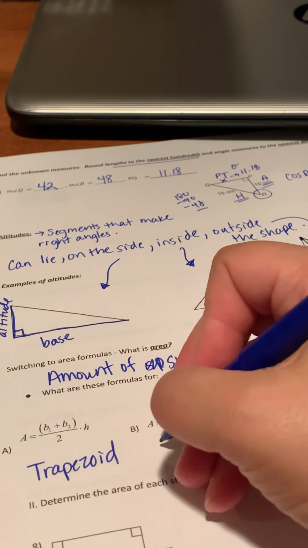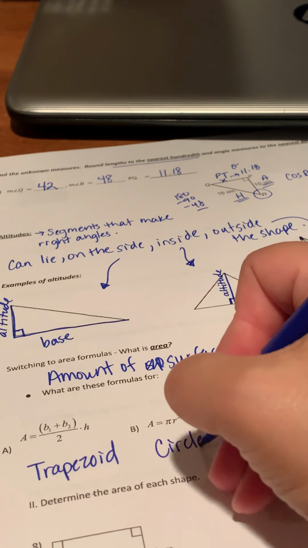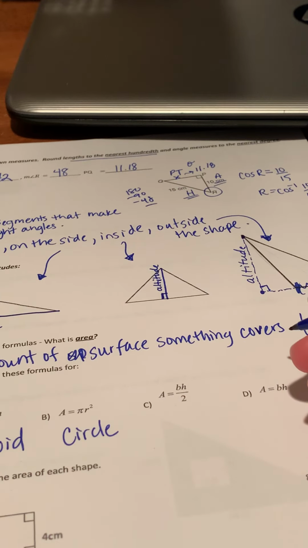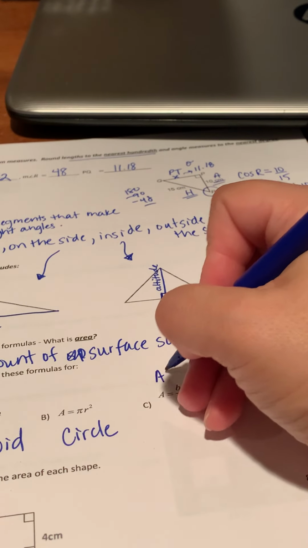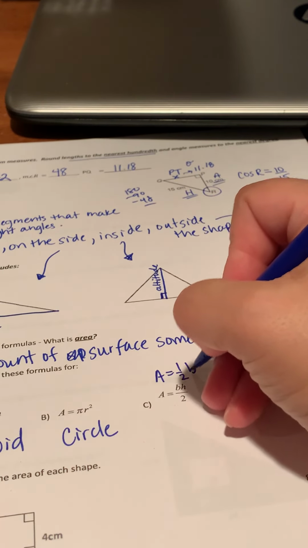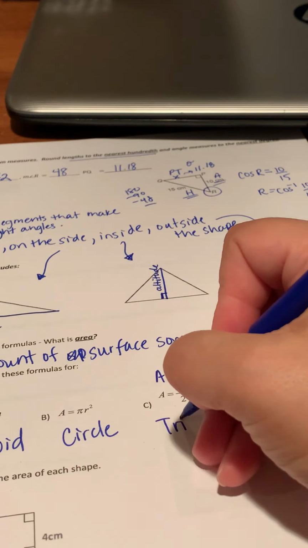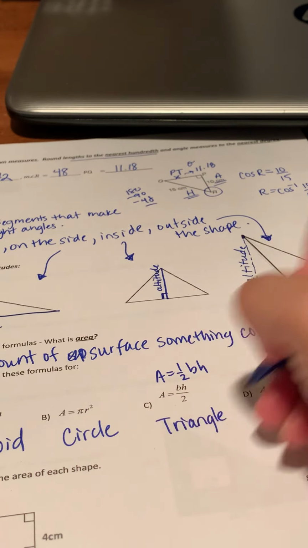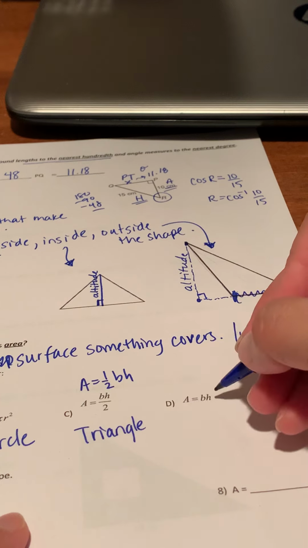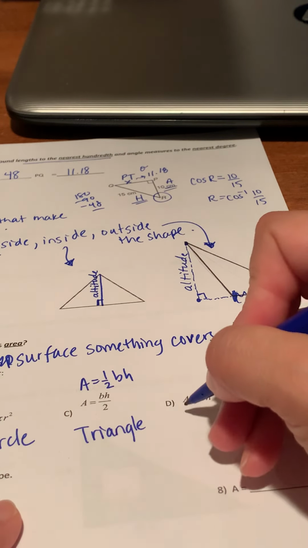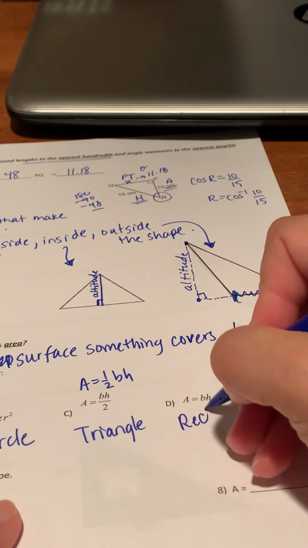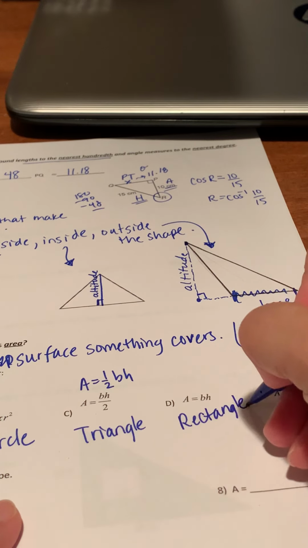Area equals pi r squared. This is the area of a circle. Letter C, sometimes you might see as 1/2 BH. This is for a triangle. B times H. This one gets a little tricky because it's definitely a rectangle.